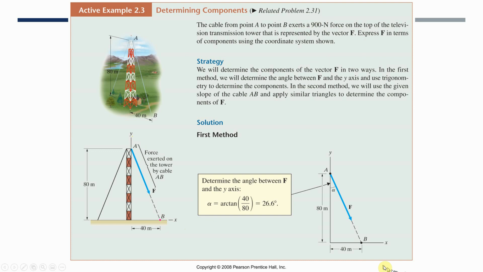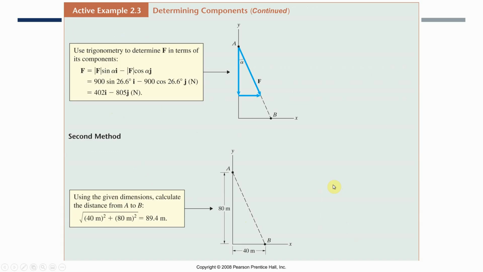Using this coordinate system, we have 40, 80 in this direction, so we can find alpha, the arctangent of 40 divided by 80, and we know the total quantity here, so we can get the force by taking 900 times the sine of alpha, which will give us Fx.